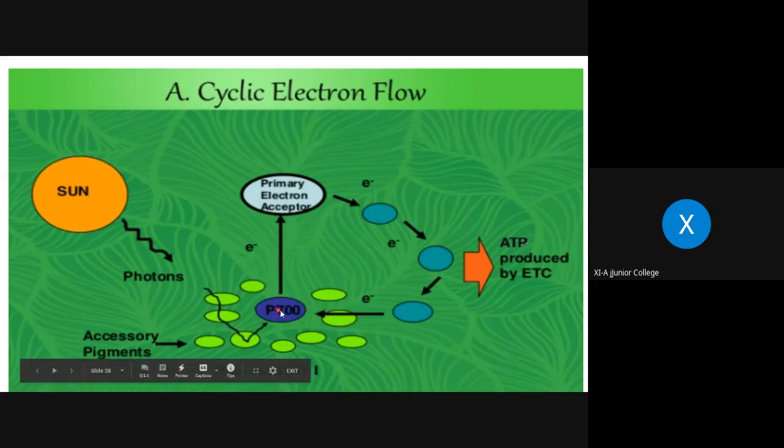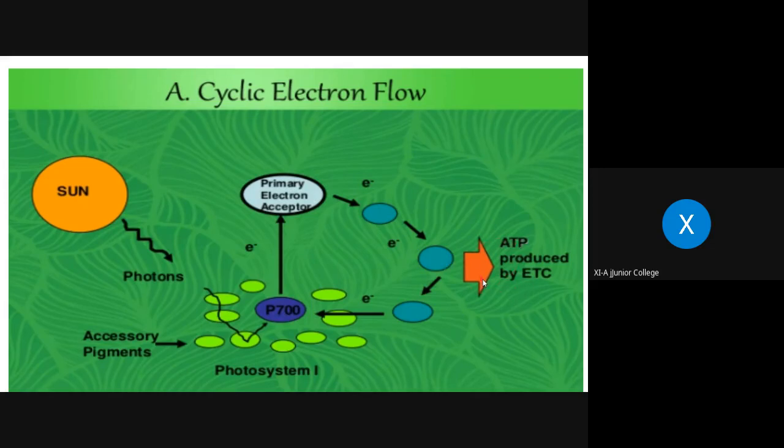The electron excited from the chlorophyll A molecule of pigment system 700 comes back through transportation, carried from one electron acceptor to another. During that transportation some amount of energy is released, and it is stored in the form of ATP.